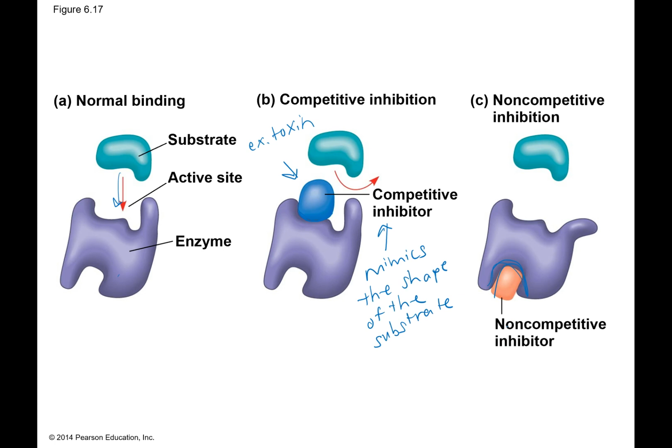They bind to another spot on the enzyme, and when that happens, it changes the shape of the active site. So now the substrate is no longer able to bind to that enzyme, because this other molecule has bound to another site, again sometimes called an allosteric site, and this has changed the shape of the active site, and now the substrate's not able to bind there anymore.